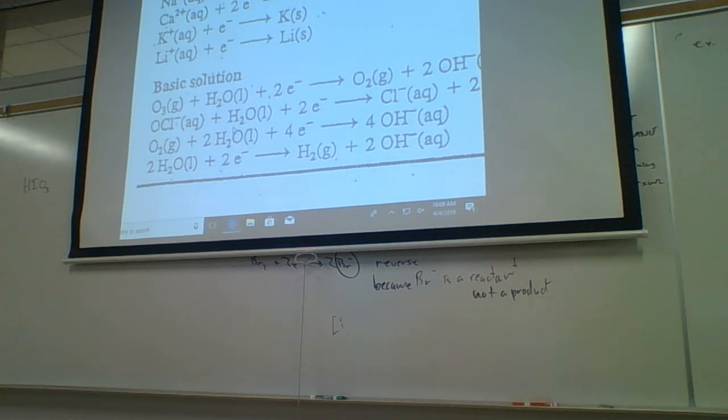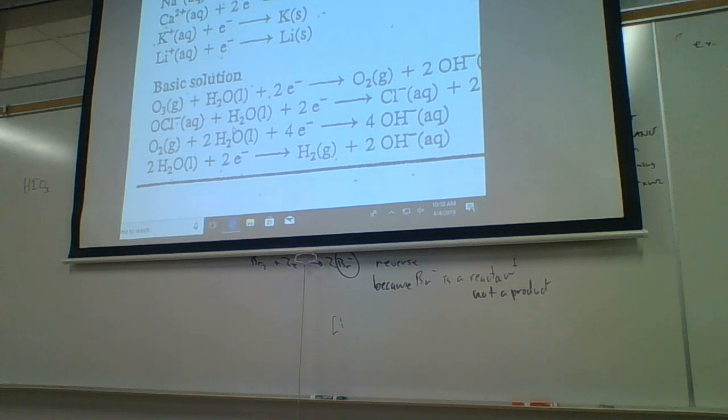And then we see that the electrons mismatch. There are 2 electrons here, there's 1 electron here. And so what we're going to do is we're going to multiply the second one by 2 and then add it to the first one here. And so I'll just do this. I'm going to get 2 potassium solids.